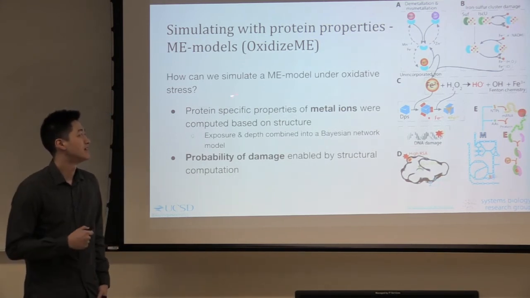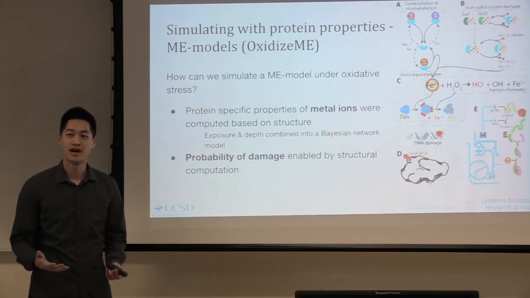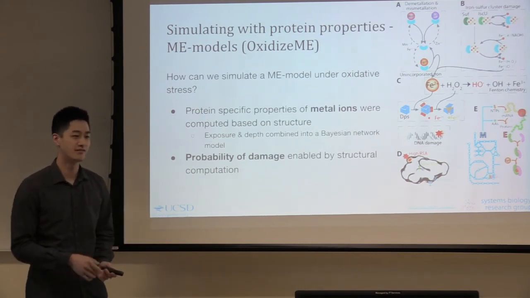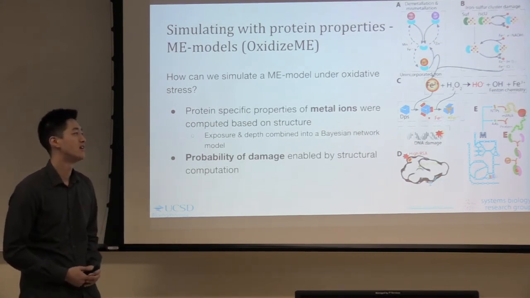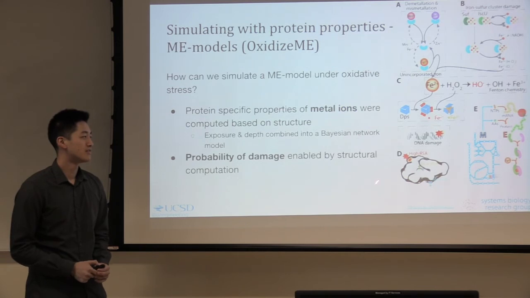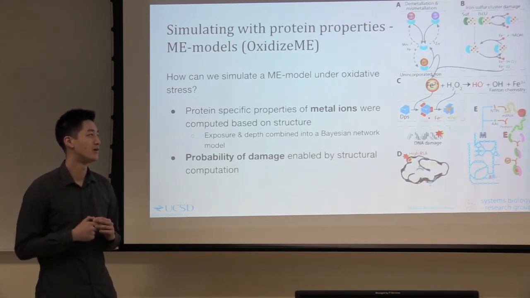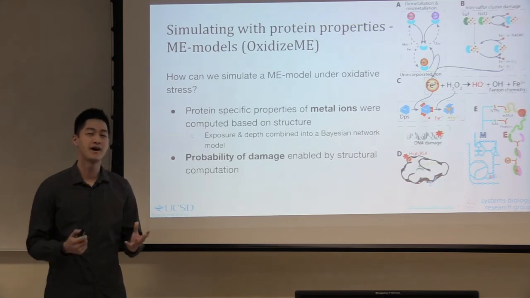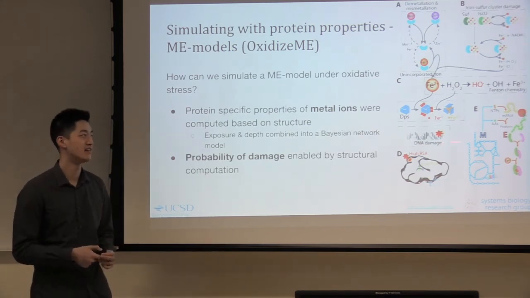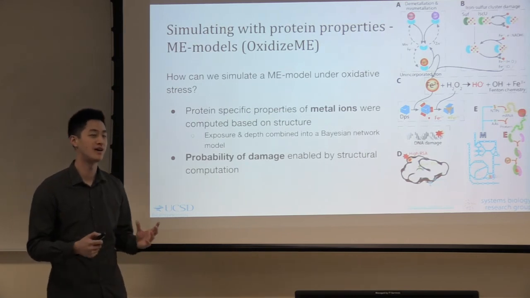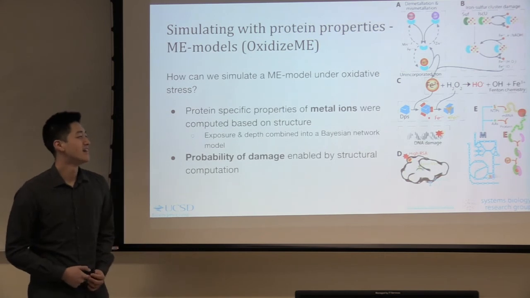And what we wanted to do here was simulate, again, a ME model of E. coli under oxidative stress conditions, so varying concentrations of ROS in our simulation. And one source of damage that ROS will impact are your proteins in your network, as well as your DNA and lipids that make up your membrane. But I'm going to focus on the proteins because that's what this lecture is about.